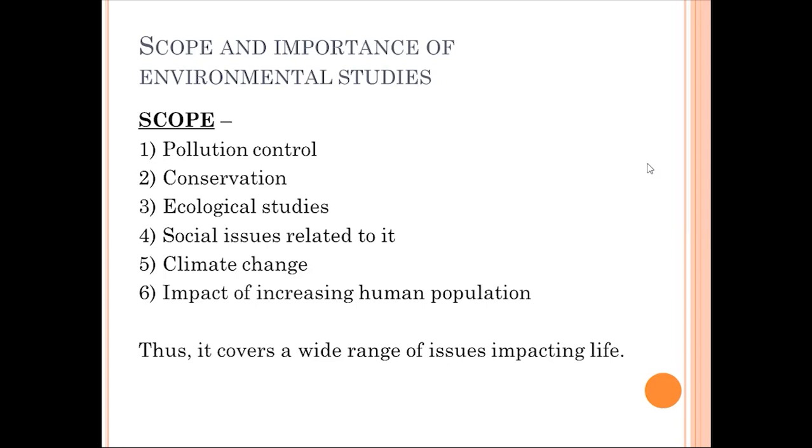For example, if one needs to build a dam across the river, rivers are usually surrounded by the forest area. So in that case, there needs to be displacement of those people if the forest area is going under the dam.